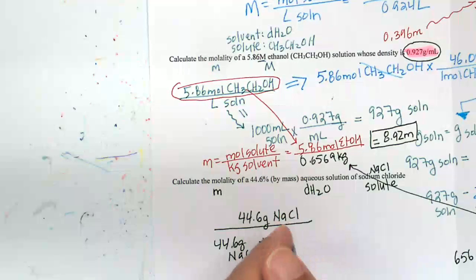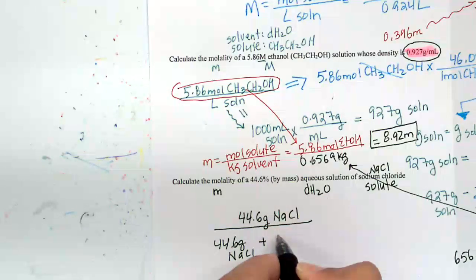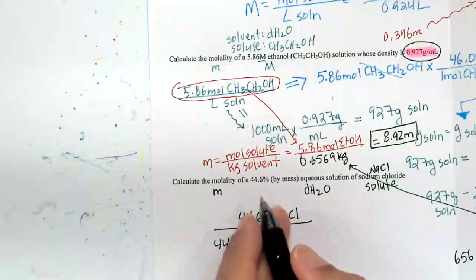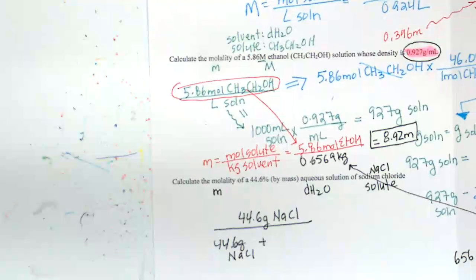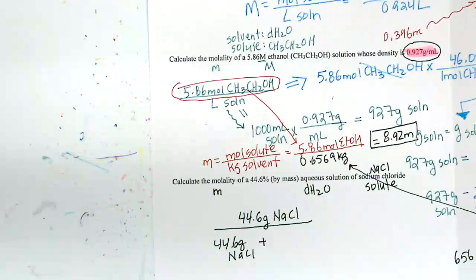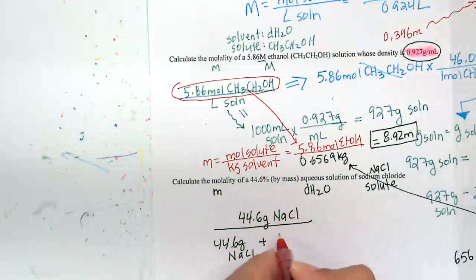How many grams of water is in there to get to 44.6%? It's going to be 55.4 grams. Okay, how did I get 55.4? It's 100 minus 44.6, yes.